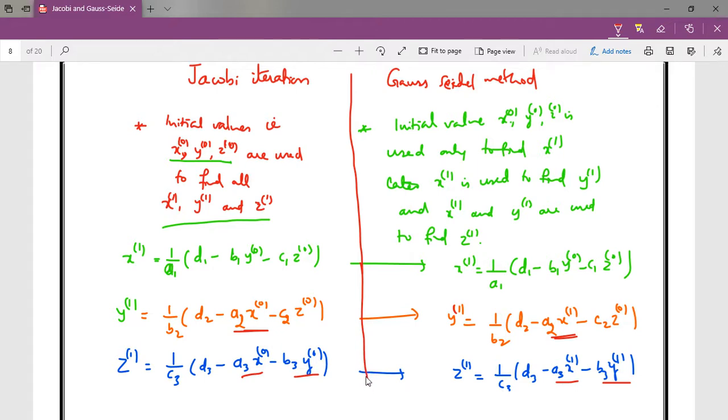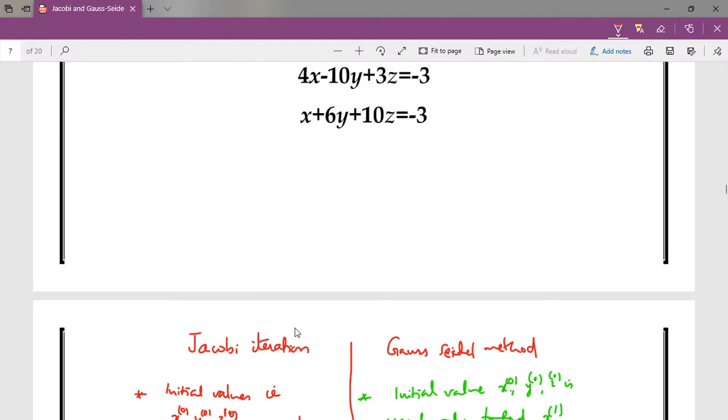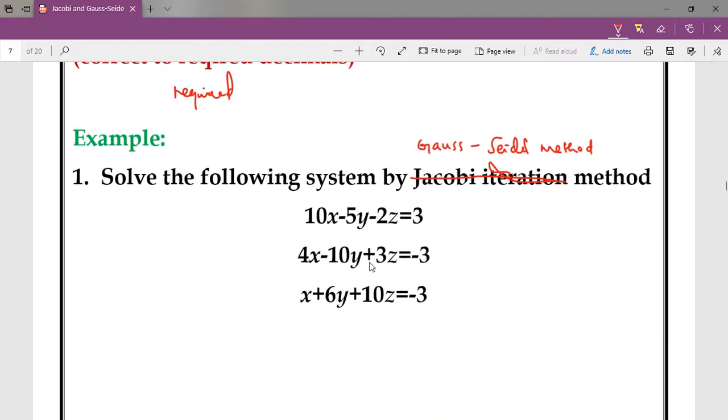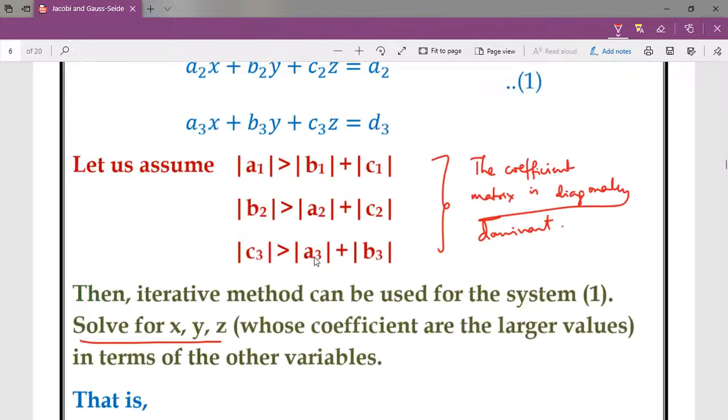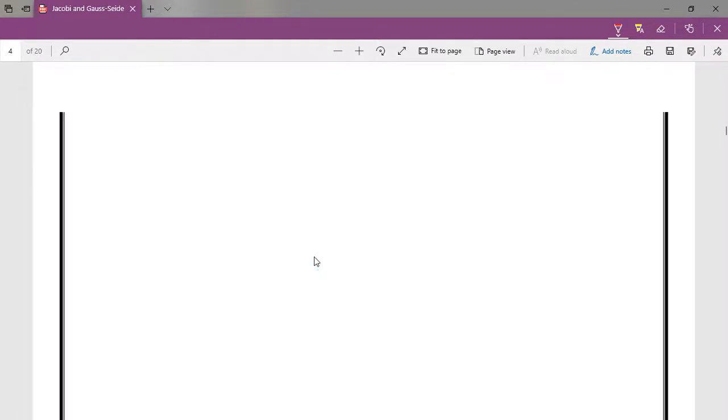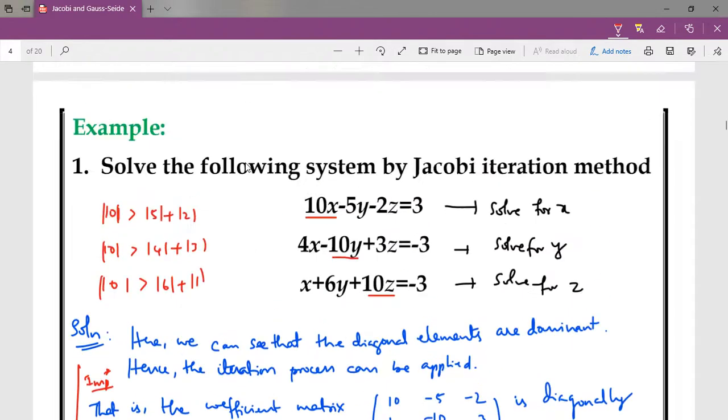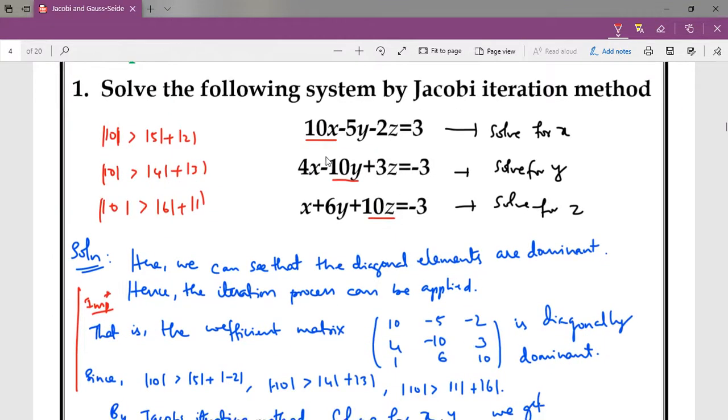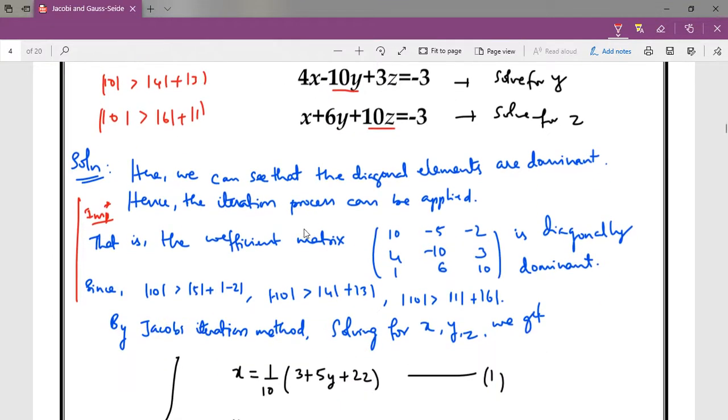Okay, hope you understood. After understanding this difference between the Jacobi iteration and Gauss Seidel, now we can solve this easily by Gauss Seidel method. Okay. So now see the previous solution. By Jacobi iteration, this system is again given.